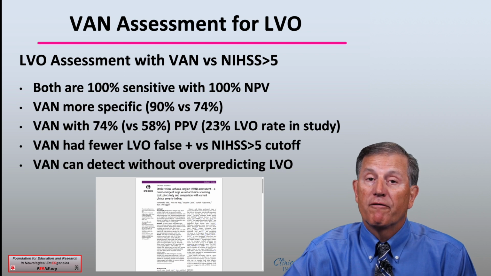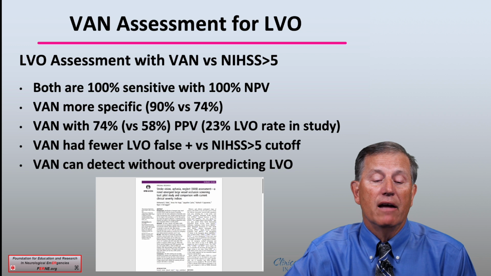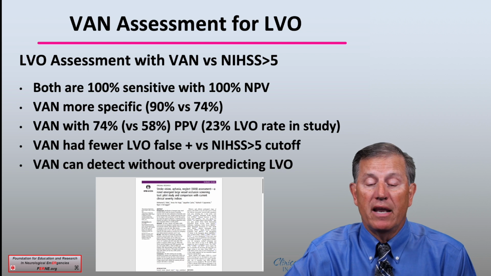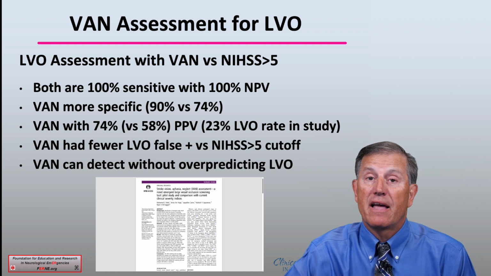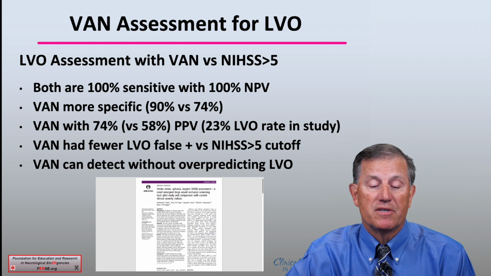We do know from this study that the VAN assessment is more specific, 90 versus 74% versus NIH stroke scale greater than 5. And in this group that had a 23% LVO rate from this study, the positive predictive value is higher with the VAN assessment versus simply an NIH stroke scale greater than 5, 74 versus 58%.